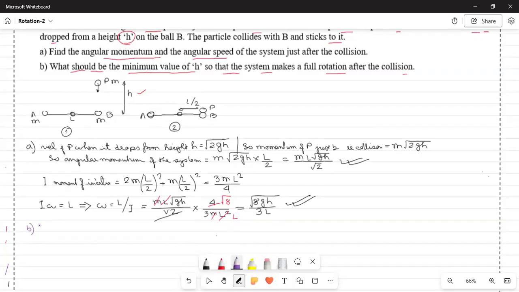Part D. Rotational kinetic energy is half I omega square, which is equal to half I. We have already found the moment of inertia, 3 ml square by 4.